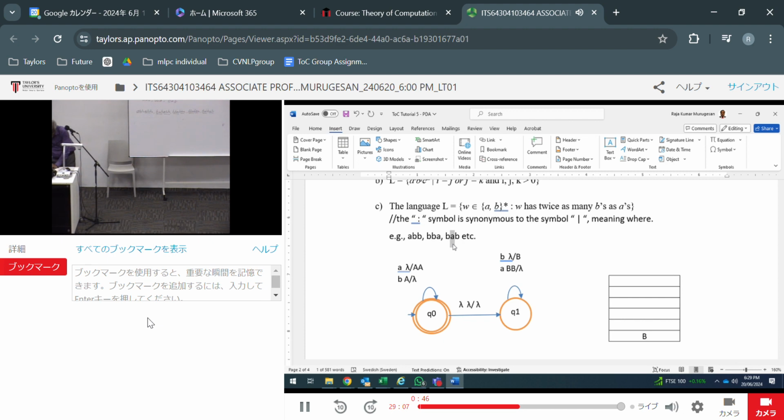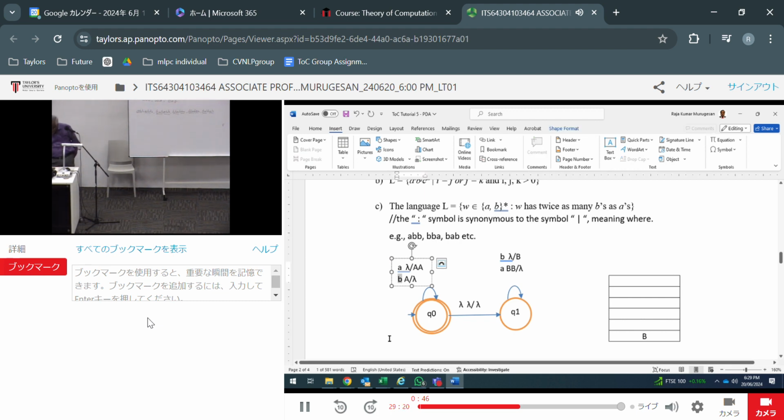If you look at Q0, I have an instruction here: B means pop A. In the stack, I have B. If I had an A in the stack instead of B, I could use this instruction.